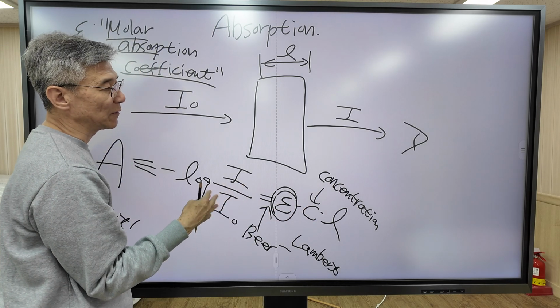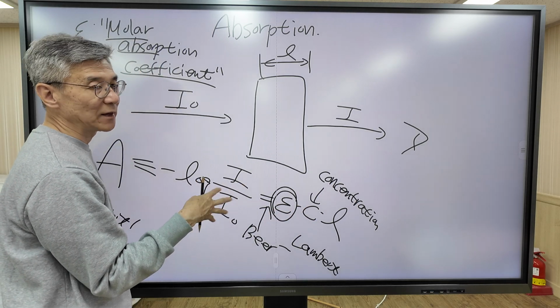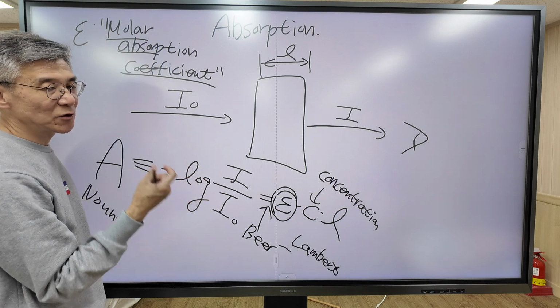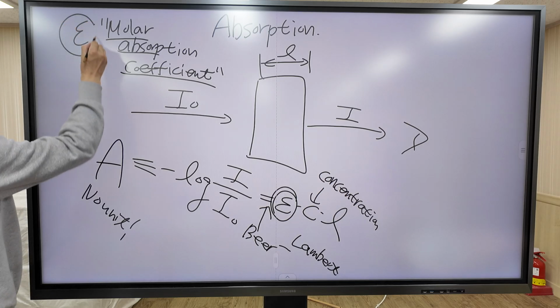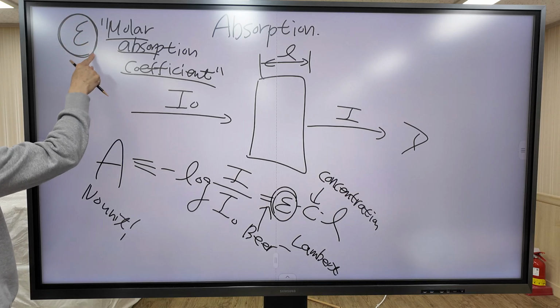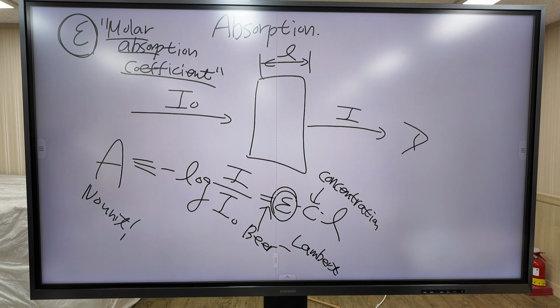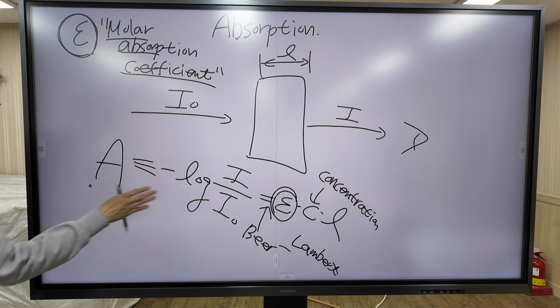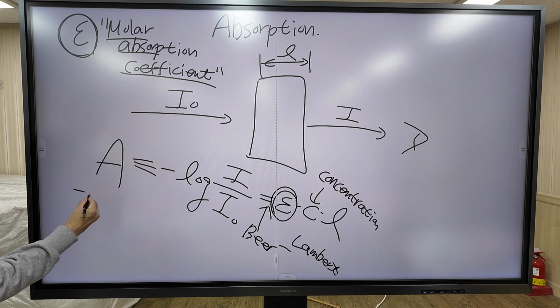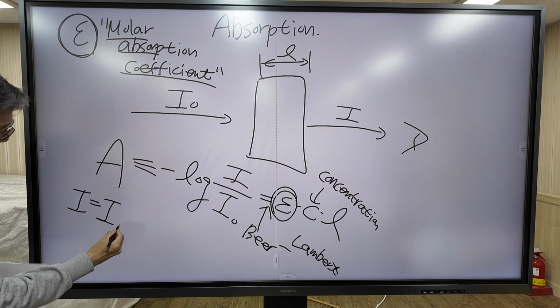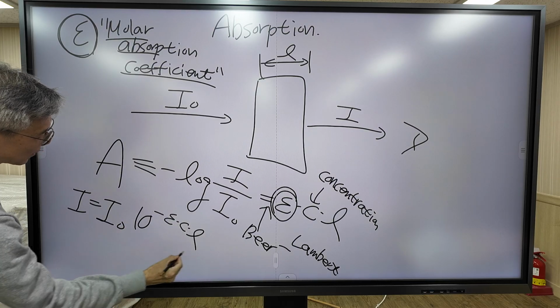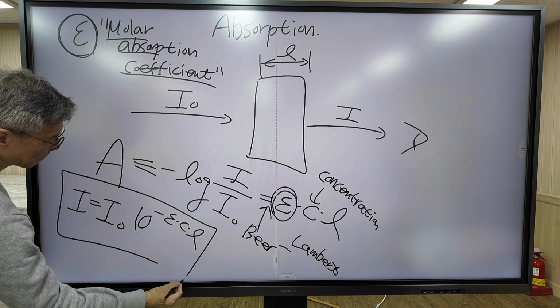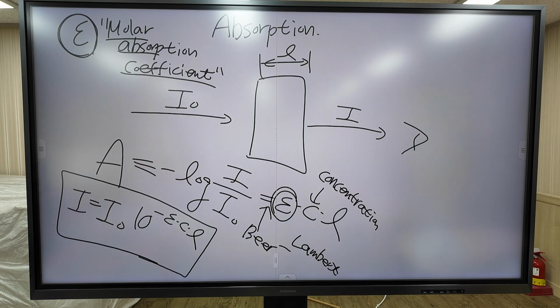Some molecules absorb strongly, some molecules absorb weakly. So the molar absorption coefficient accounts for this fact. So when you rearrange this equation, I equals I0 times 10 to the minus epsilon C L. This is the Beer-Lambert law on the left side.